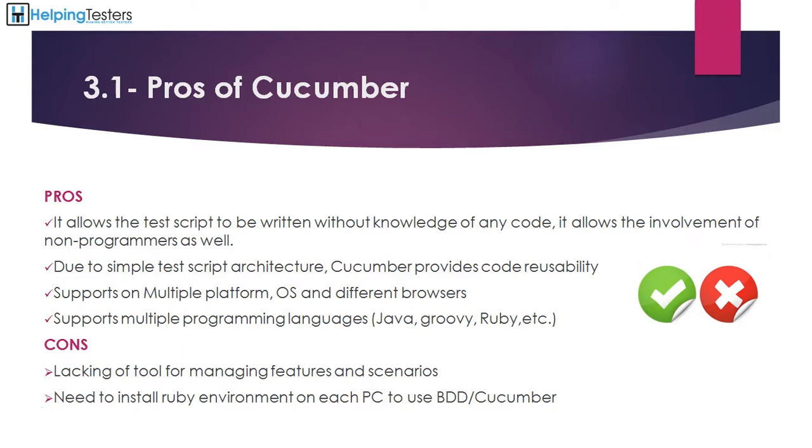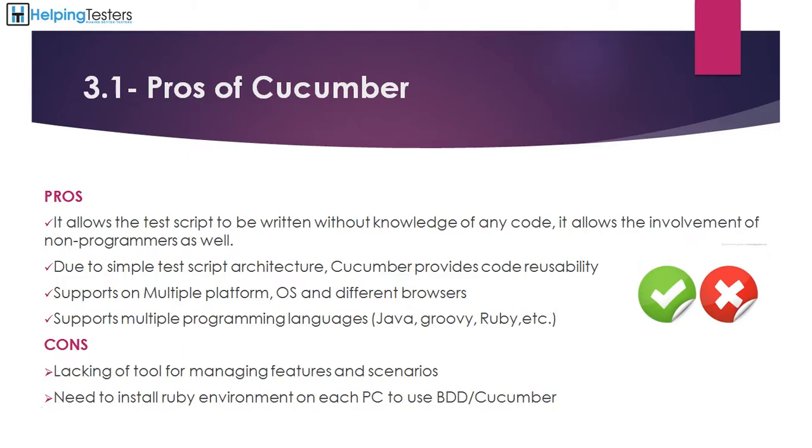There is no programming dependency as well. And it supports different OS and different browsers like Selenium, and it also supports different programming languages like Java and Ruby, along with the plain text.